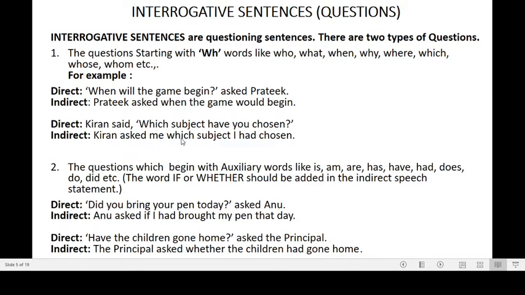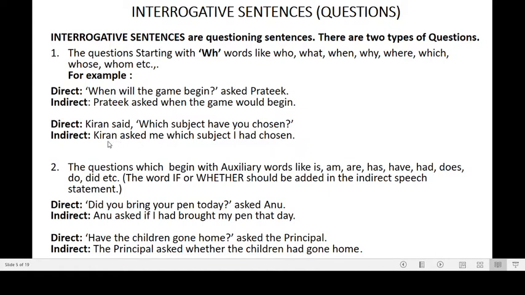Here the WH word is retained and the subject is retained. "Have you chosen?" Here the subject should come first. So "you" is changed into "I" and "have" is changed into "had". "Chosen" is the past participle form.